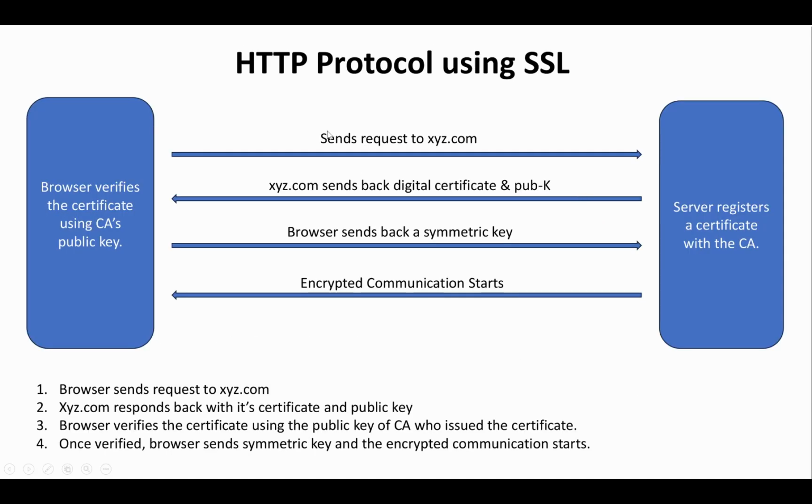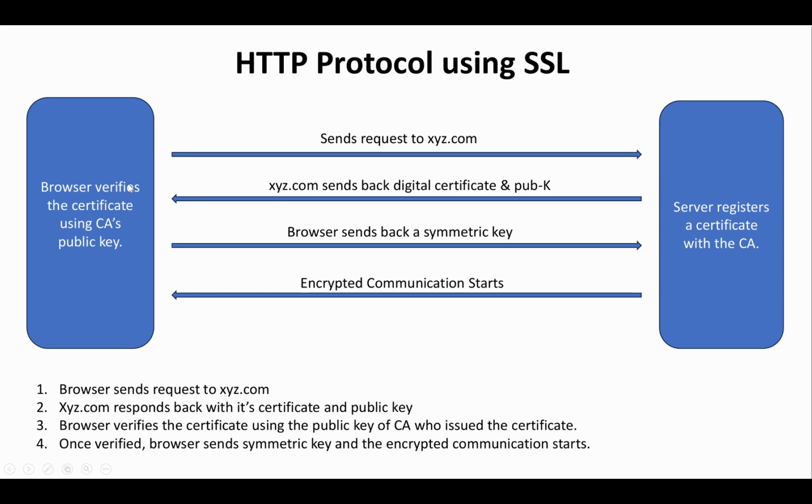So now what happens is our browser sends a request to xyz.com. xyz.com sends back the digital certificate and its public key. Now remember, this digital certificate is the one issued by the trusted certificate authority to xyz.com. Once our browser receives this digital certificate and public key, it performs two operations.